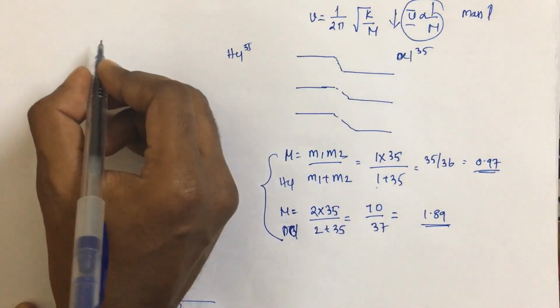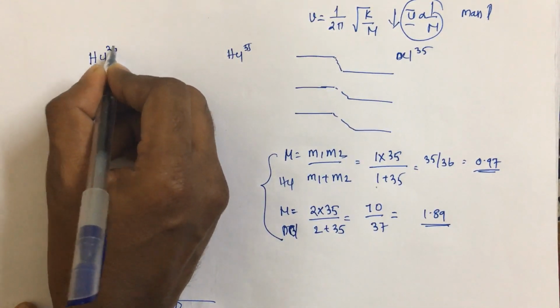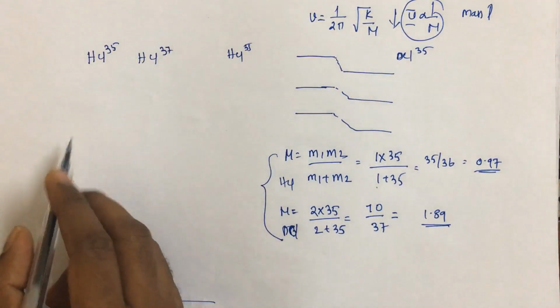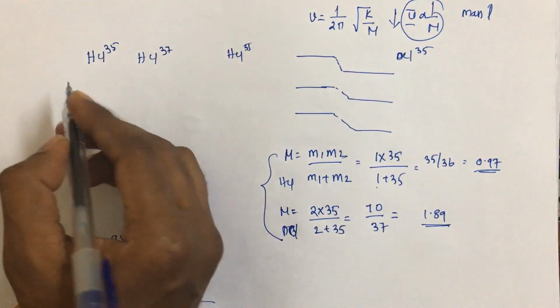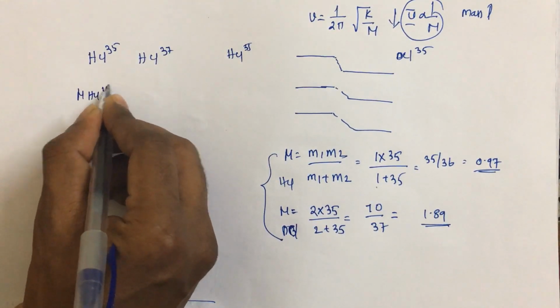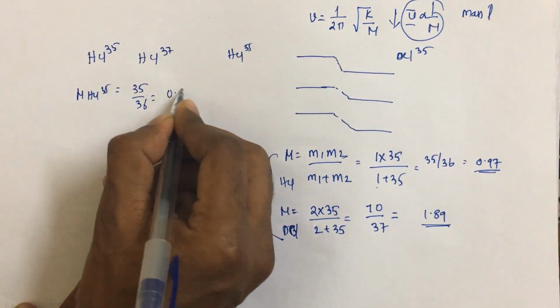Then we'll see HCl 35 versus HCl 37. Okay, so if we calculate the reduced mass for HCl 35, this is 35 by 36, which comes around 0.97.